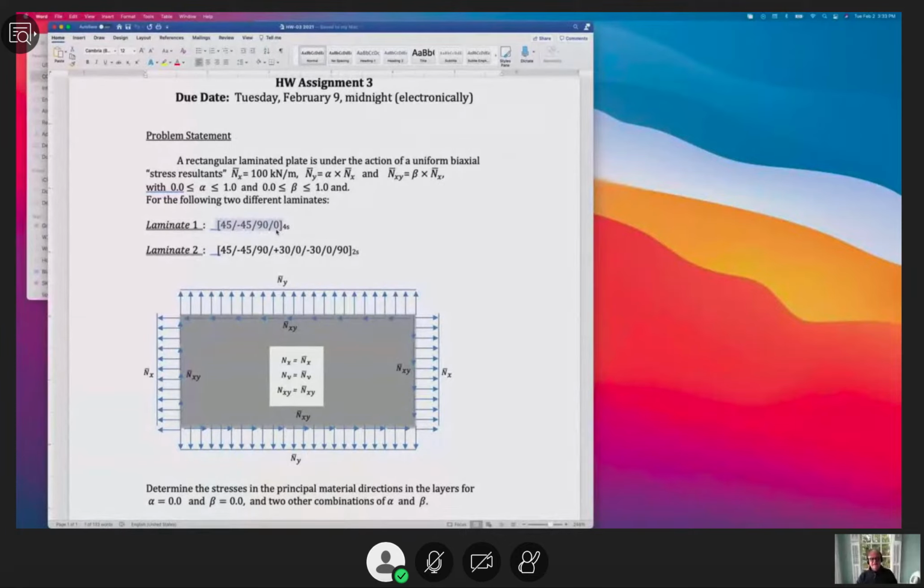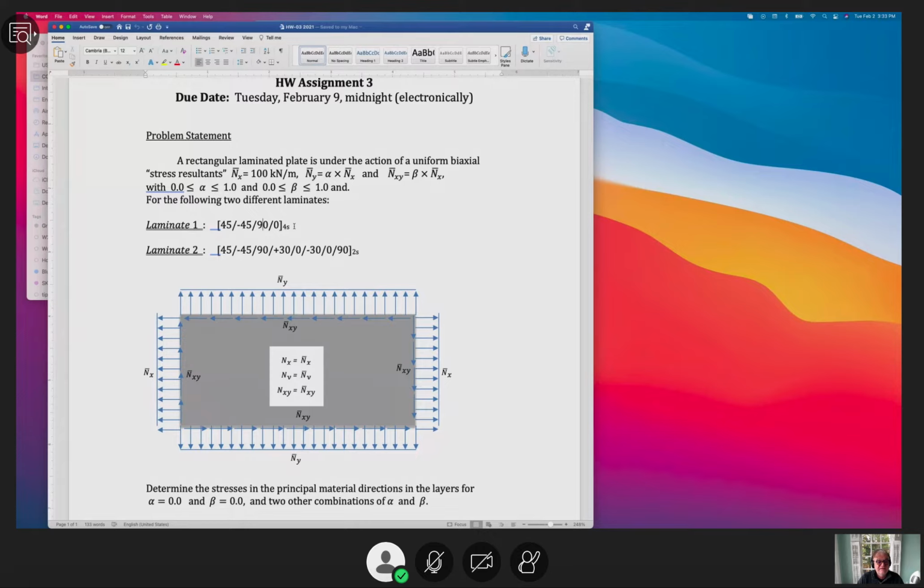Having said this, actually, most people do this analysis or build these laminates not like this. But I'm going to change the homework assignment a little bit, and I'll tell you the reason why. I'll also explain the two extremes.